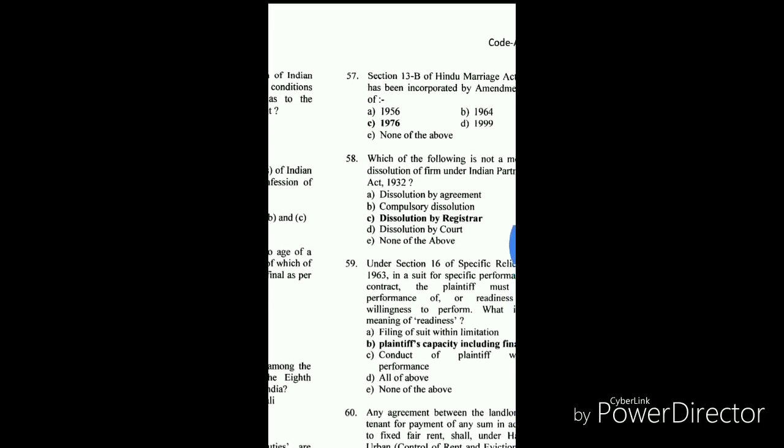Then we move to question number 57, 13B. Let me tell you first of all what 13B is. It is divorce by mutual consent, which was inserted in the Hindu Marriage Act in 1976.